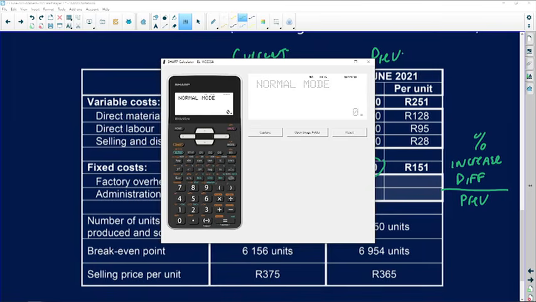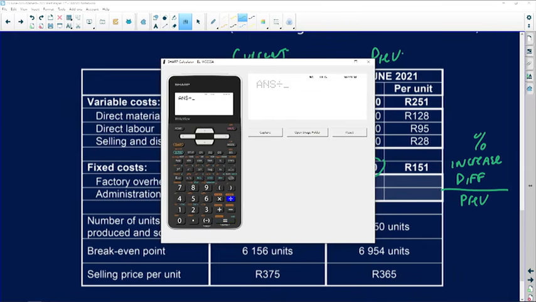Okay, so we've got 806,400 minus the 792,750, right, and that is the difference. So the cost increased by 13,650, but remember I'm trying to work out a percentage.